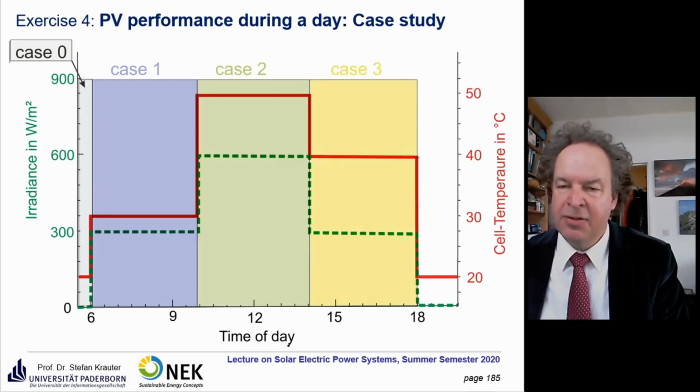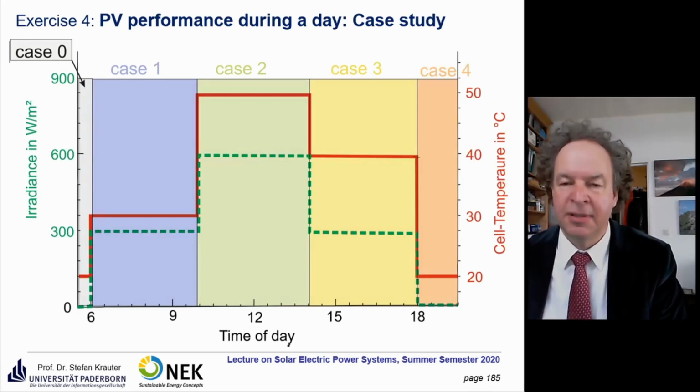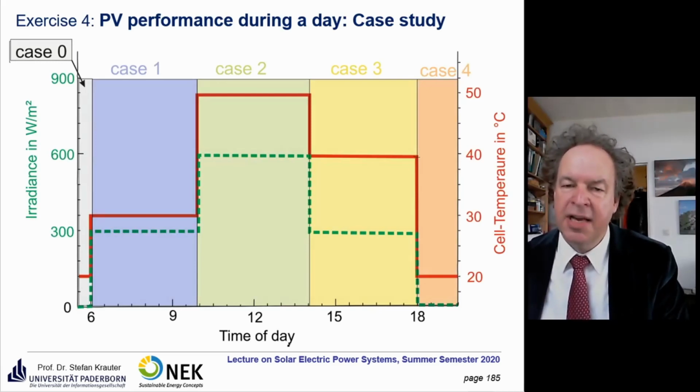And then last but not least we have 0 irradiance and 20 degrees Celsius. That's our case 4. So we calculate each case separately and add up the generated electrical energy during these periods from case 0 to case 4.